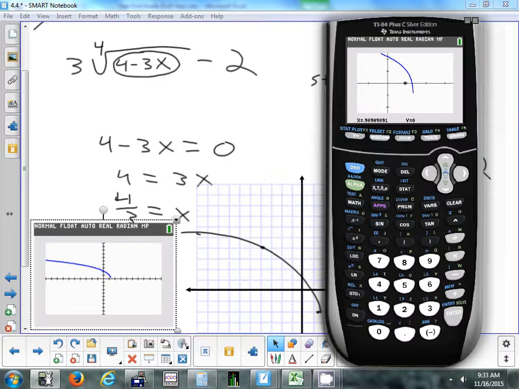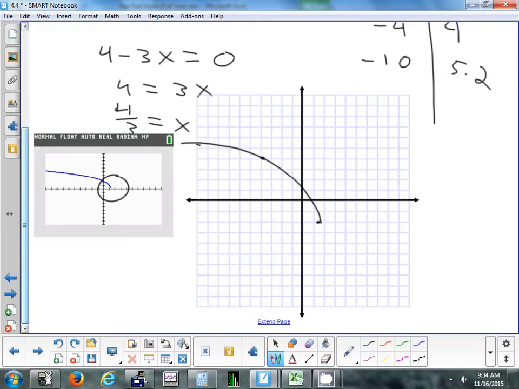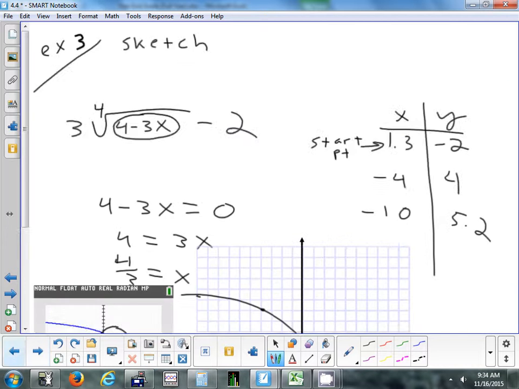All right, so just be careful, you don't always trust the graph. You got to find that start point. That's why I had you do that. Okay. Questions on that? Okay, so be careful.